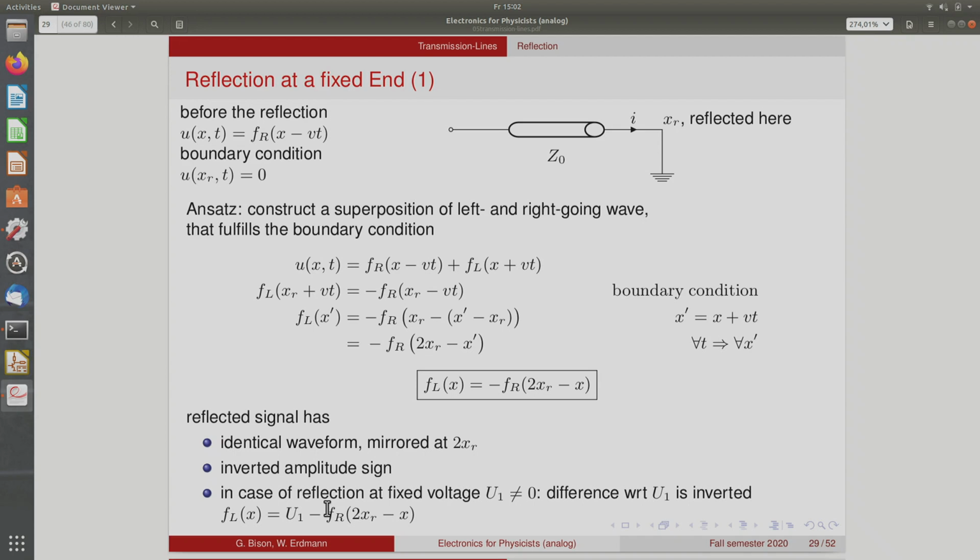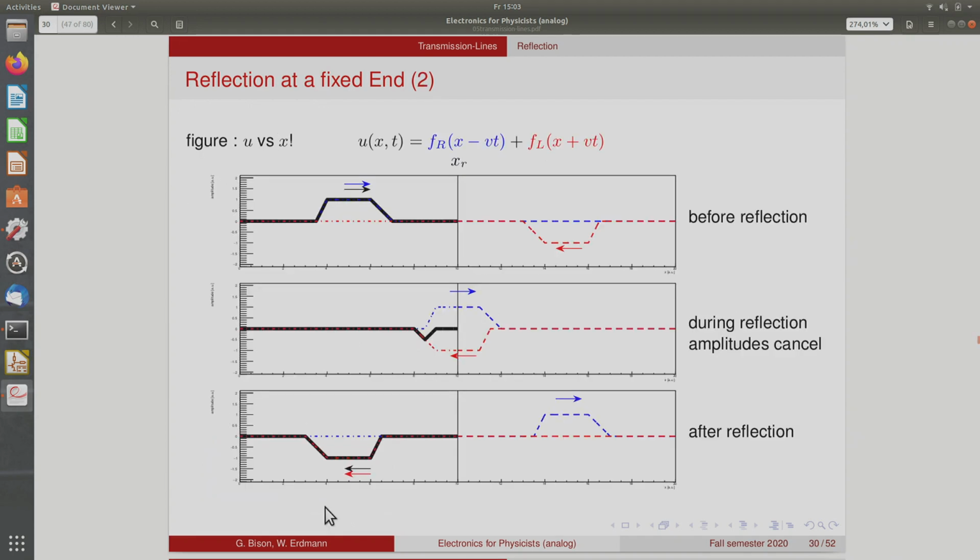But let's look graphically at what it does when we have this reflection. So you have before reflection the incoming waveform here, traveling from left to right. There's our invented second wave that comes from right to left. So this is not real because this part of the wave of the transmission line doesn't actually exist.